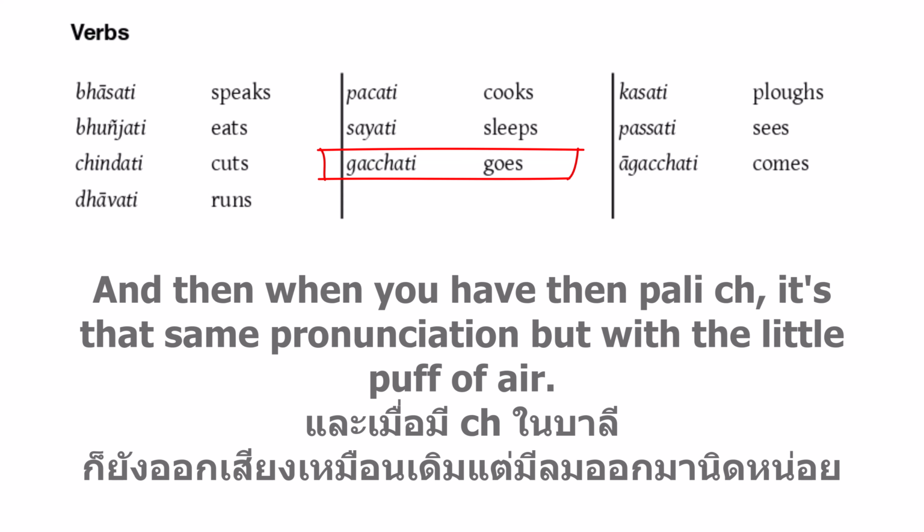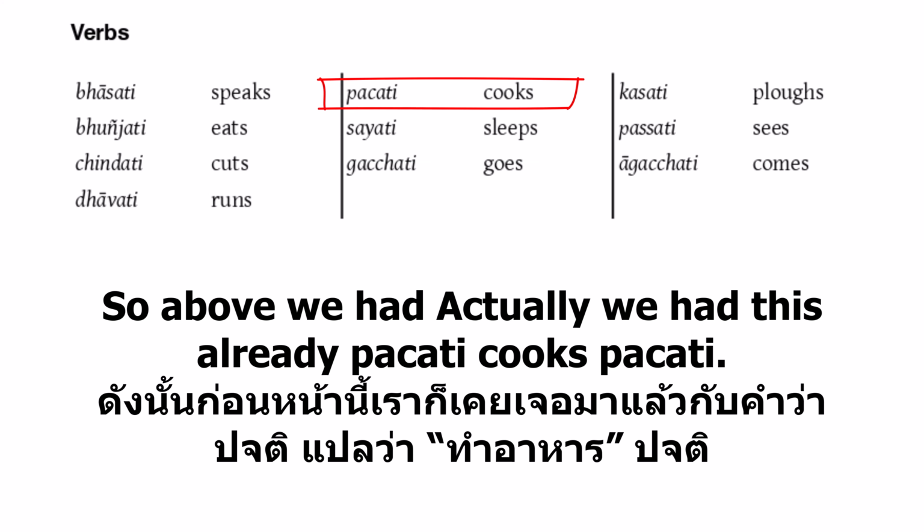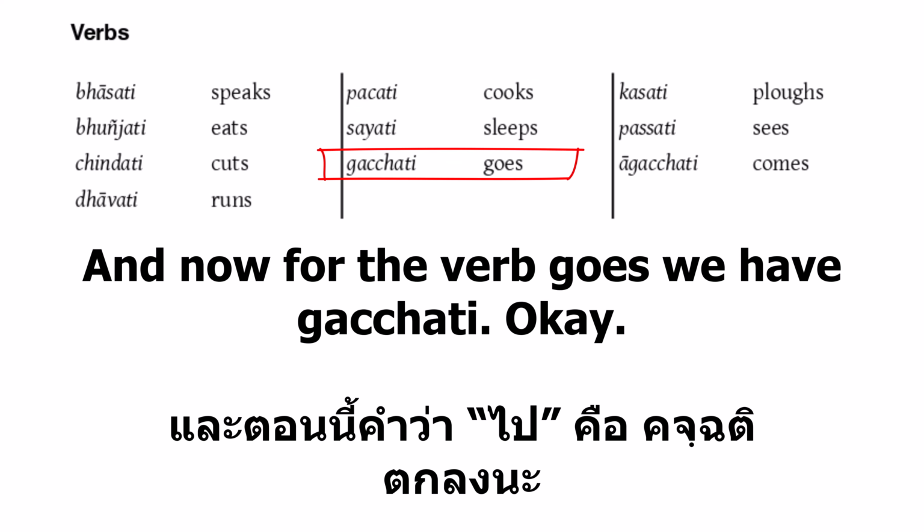And when you have CH in Pali, it's that same pronunciation, but with a little puff of air. So above we had pachati, cooks. And now for the verb goes, we have gachati.